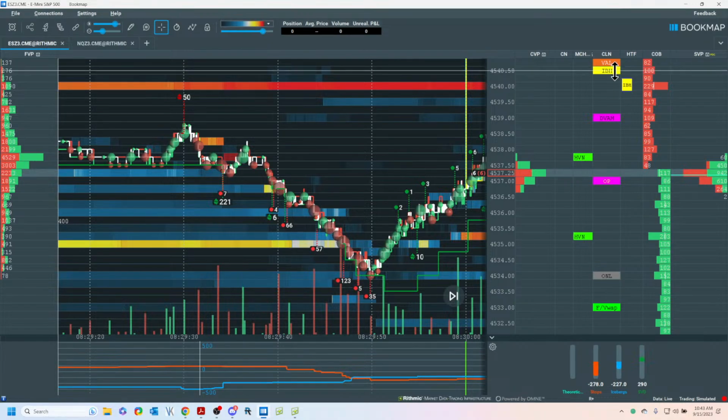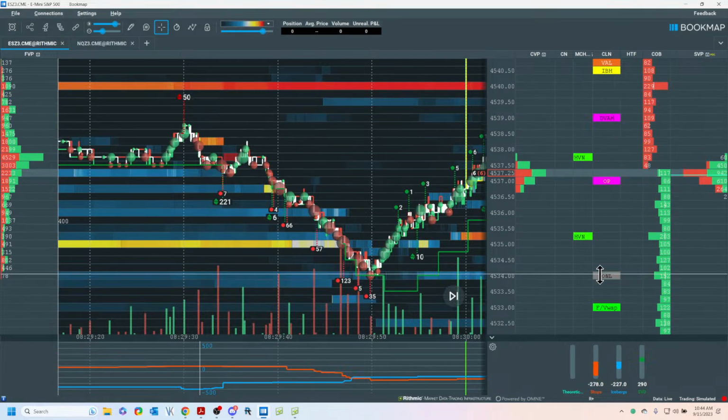Let's see what else here. The overnight low, 66%. The first hour low, which is called the IB low, that's the IB high. I'll show you those. The overnight low, 66% probability.